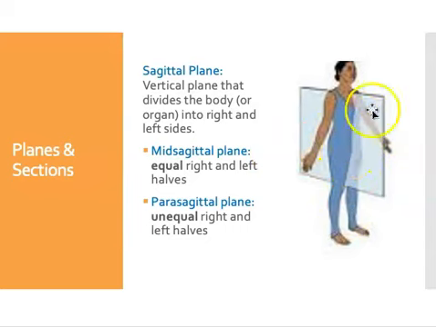But if you can imagine, you could move this plane over slightly to the left. You could move it over to the right. You would still be creating a sagittal plane, but it would no longer create equal halves. It would create unequal left and right. So moving it away from the central mid-sagittal plane creates what we call parasagittal planes.